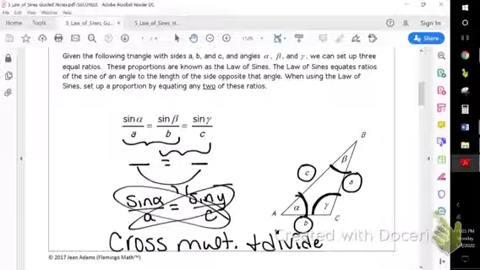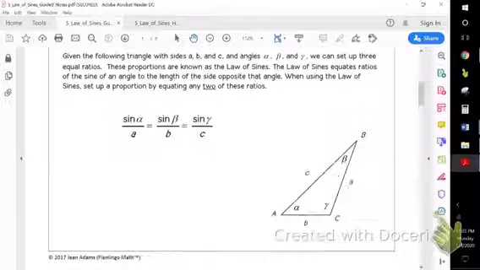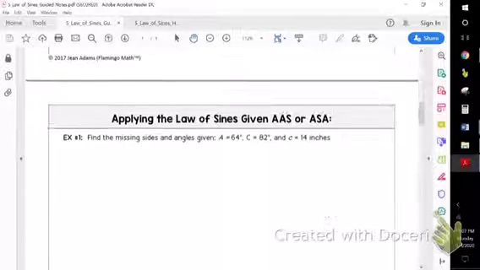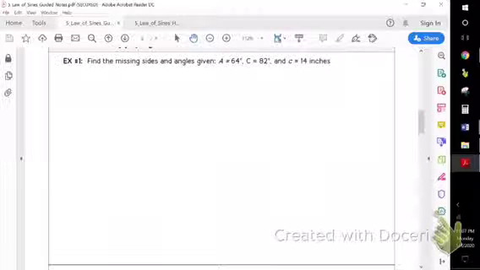Let's look at example 1. It says find the missing sides and angles given that angle A is 64 degrees, angle C is 82 degrees, and side c is 14 inches. We can draw this, and just so you know, anytime I'm drawing these, they are not drawn to scale. And so we label it.